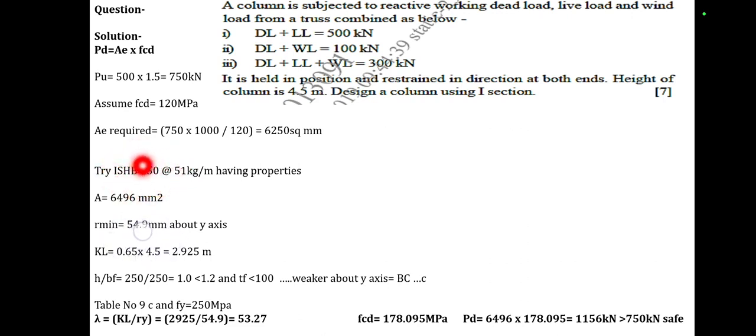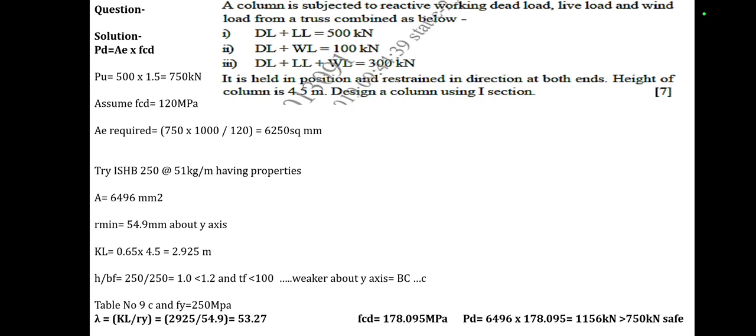Depending upon this area required, I have to select the section such that my area provided will be greater than this area required.